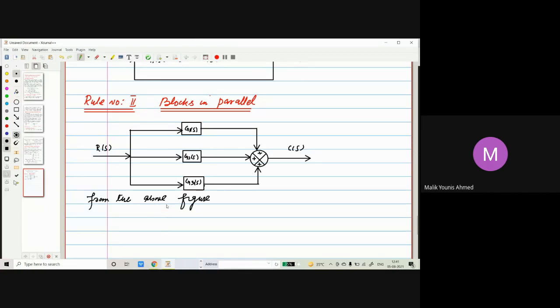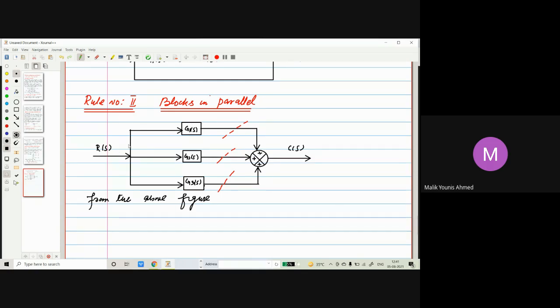From the above figure, we can write, very clearly, up to the output, what is coming here. The output of this block is here, the output of this block is here, the output of this block is here, but we don't know that. So what should that be? We know the transfer function, we know the input.